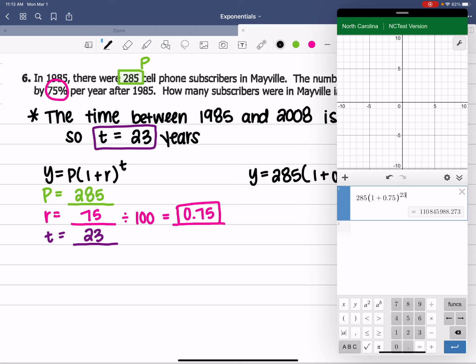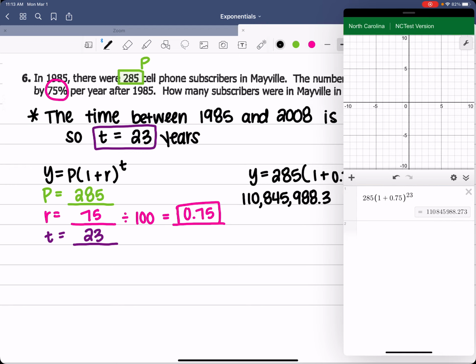Okay, so this is 110,845,988, and then that would be 0.3 if we were to round that.